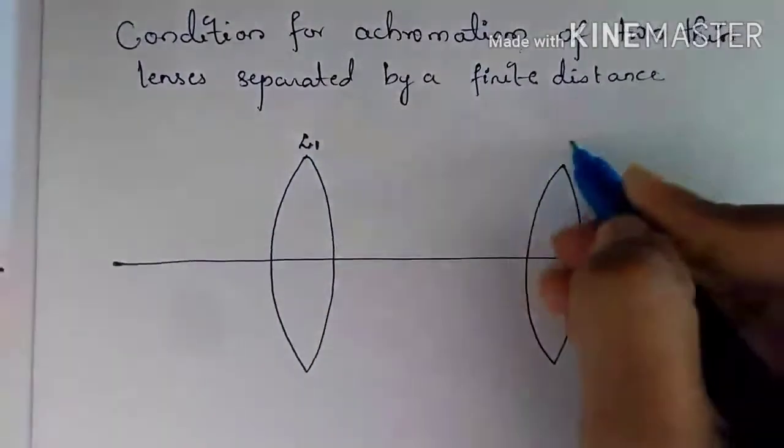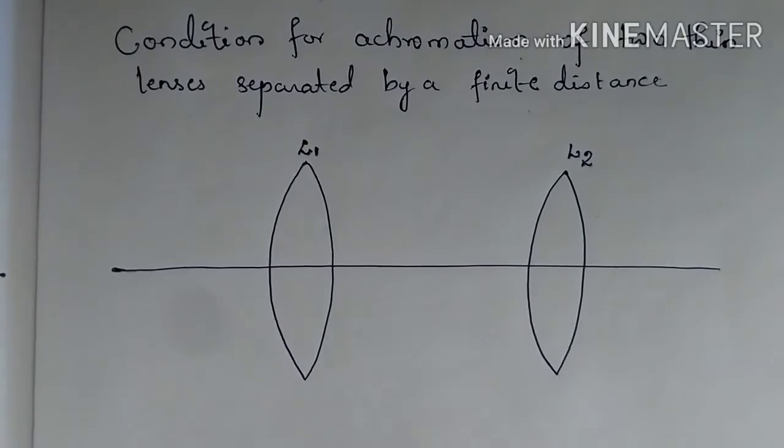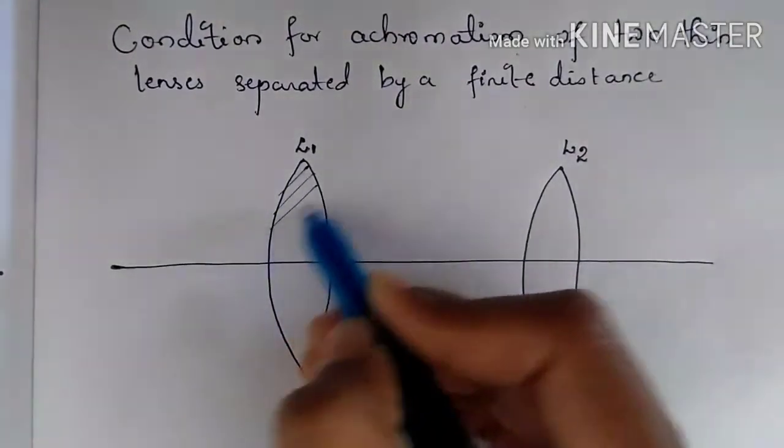Let this be L1 and this be L2. And these two lenses are made up of the same material.